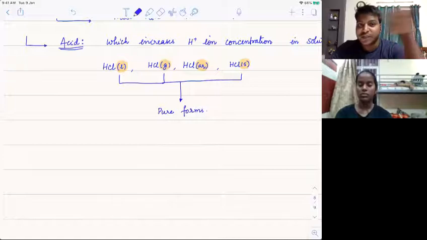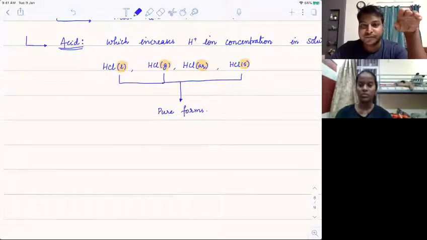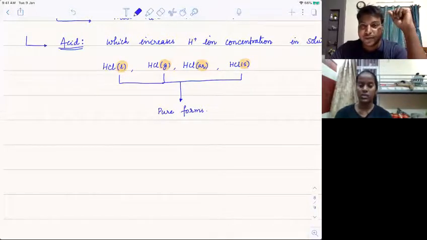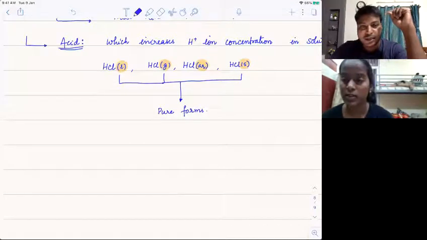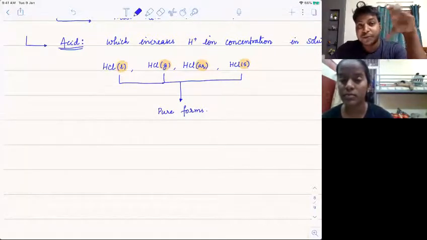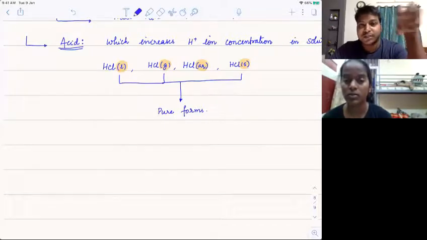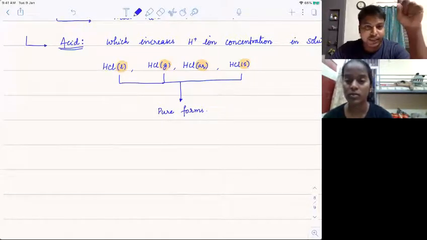There is no mixture in it. We have not added water in it. So when you write HCl in bracket L, it means it is pure liquid HCl. Same way, if you have HCl in bracket gas, that means it's pure vapors of HCl. There is no other contamination, no other gas percentage.